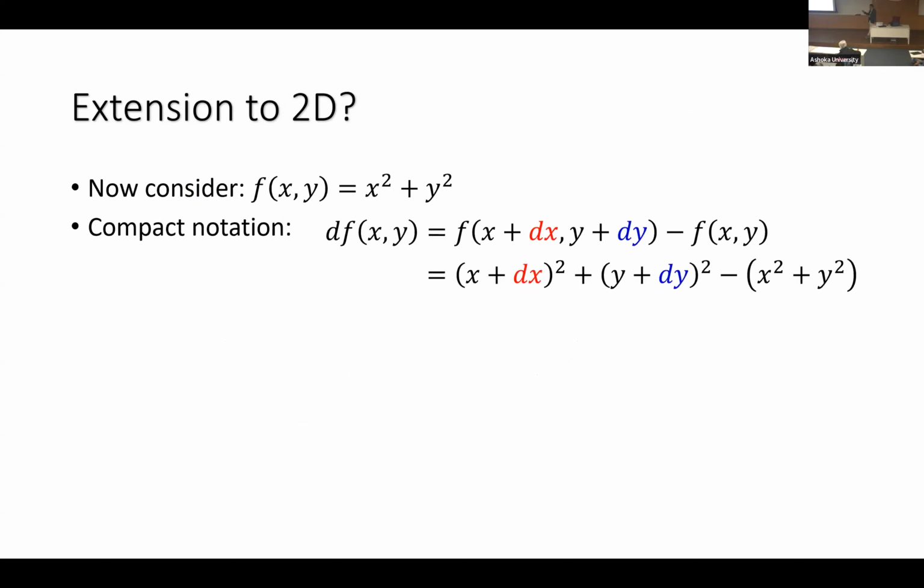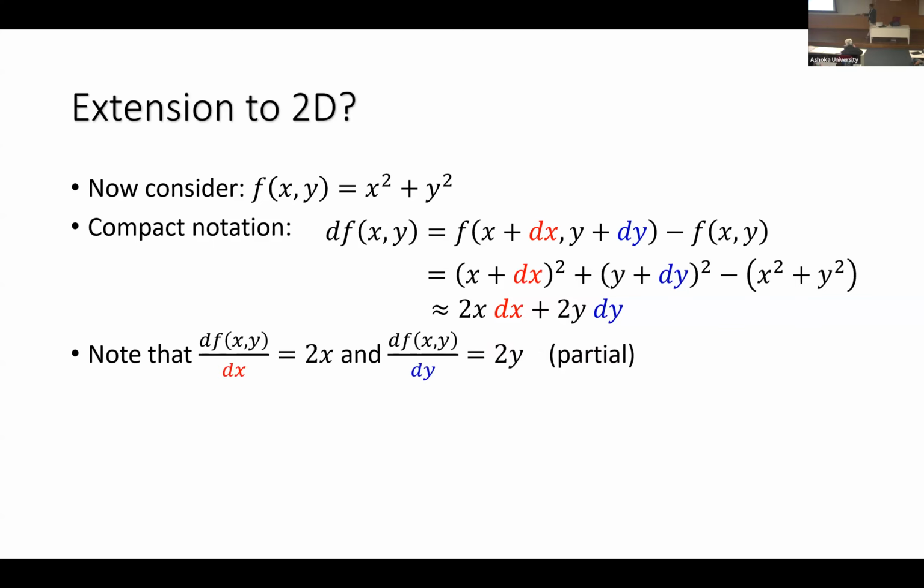And if I apply it to this example, then this would come out something like this, which would be 2x dx plus 2y dy. Now, why did I use this intuition? As you can see, 2x is essentially your partial derivative of f with respect to x, and 2y is partial derivative of f with respect to y.